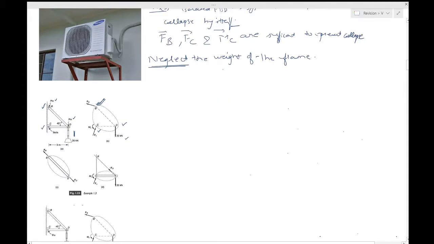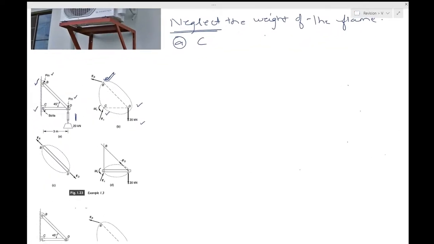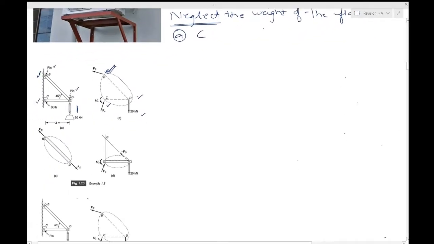Okay, now let's come to C. There is a bar CD joined to the wall by 4 joints. You can see that there are 4 bolts which are joined.